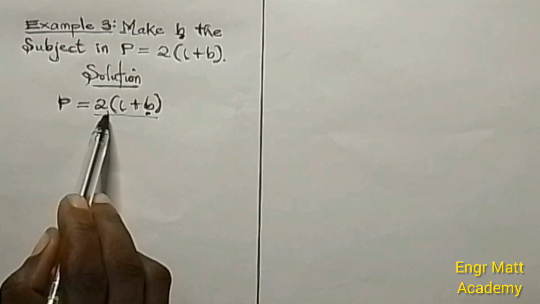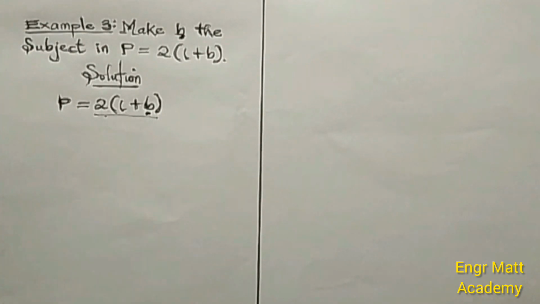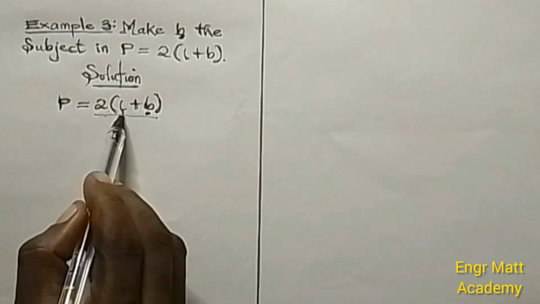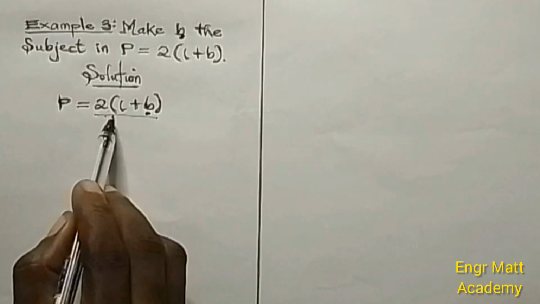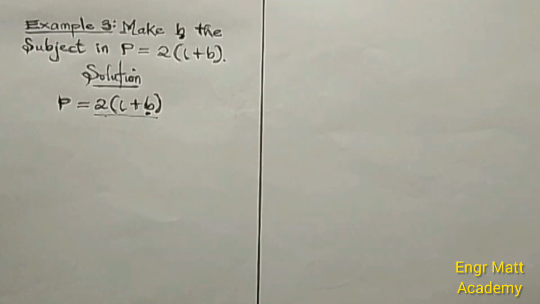There is multiplication and there is addition. So which operation do we reverse first to eliminate 2 and L from B? Since 2 is multiplying everything in the brackets, we need to reverse the multiplication operation first. And we do that by dividing. So we divide both sides by 2.